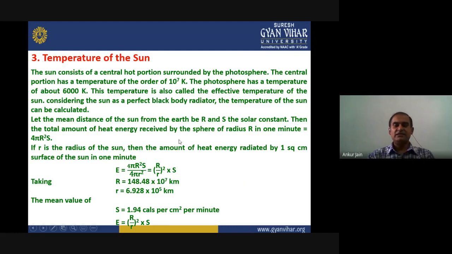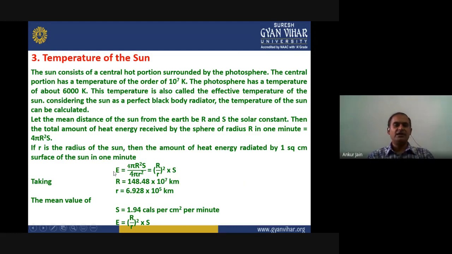Now if we consider that small r is the radius of sun, then the total amount of heat energy radiated by 1 square centimeter surface of the sun in 1 minute will be this amount divided by the area of the surface of sun, and that area will be given by 4 pi small r square.